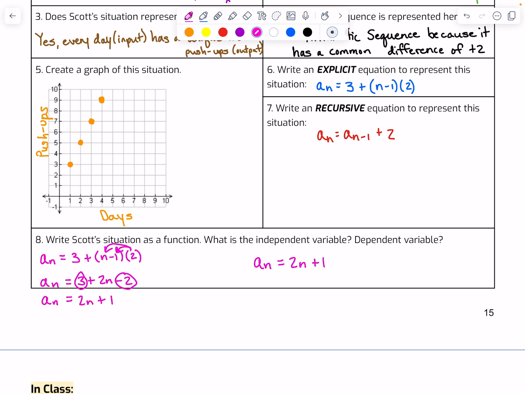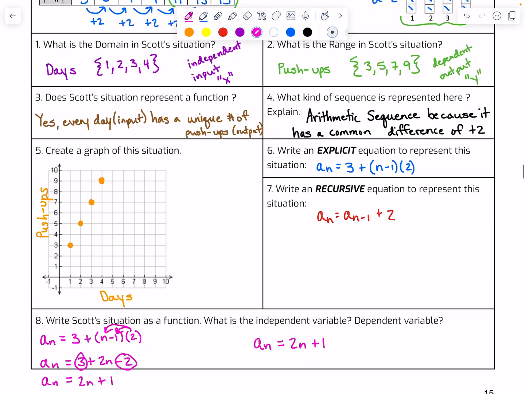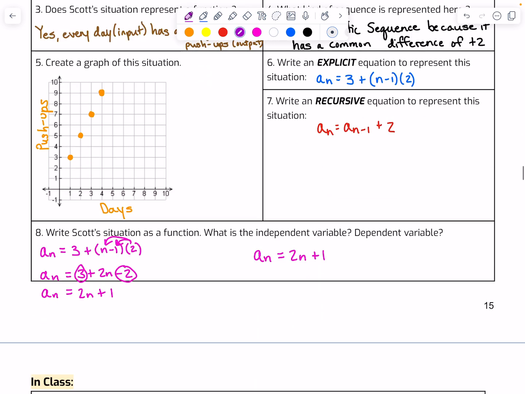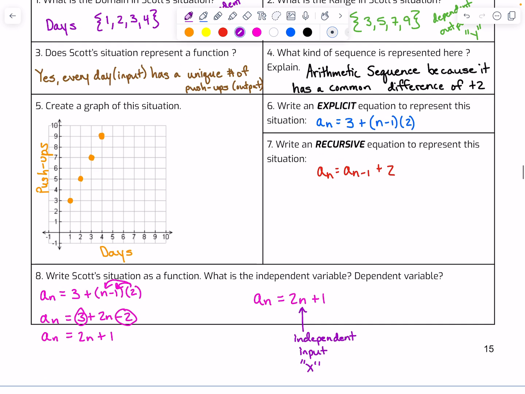Now the independent variable is your input, which is your domain, and I wrote that in purple at the top, so I'm going to add that is where your independent variable would be, which is your input, which is also like your x. And then your dependent variable, which is your range, would be this one. So this is your output, which is dependent on your input.